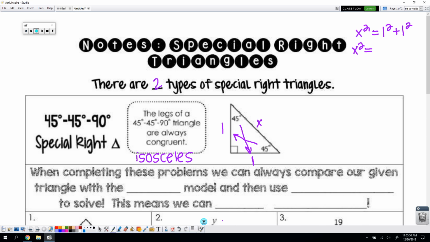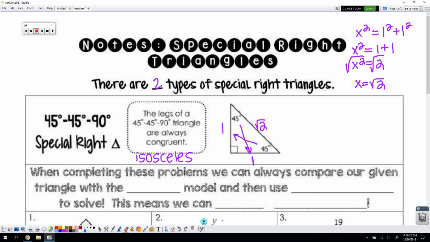Be careful, because 1 squared is 1. So 1 plus 1, x squared equals 2. Now we square root, and x equals the square root of 2. There is no simplifying the square root of 2, so our hypotenuse is the square root of 2.